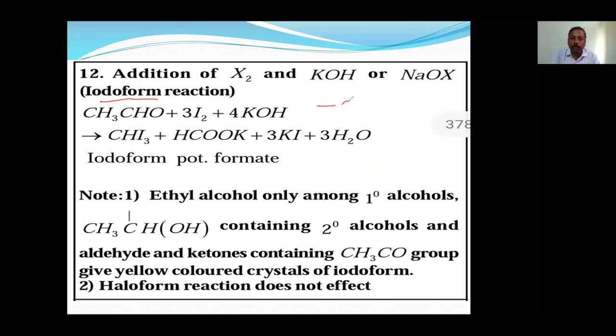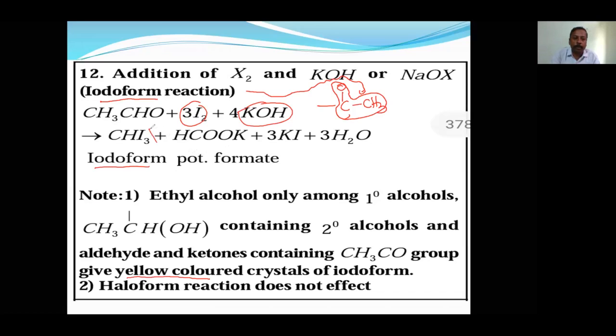It is used to detect the presence of this group: wherever the second carbon is having oxygen, it is tested by the iodoform test. What will it form? Iodoform. That's why it is called the iodoform test, which gives a yellow precipitate when reacted with I2/KOH. NaOH is also no problem.